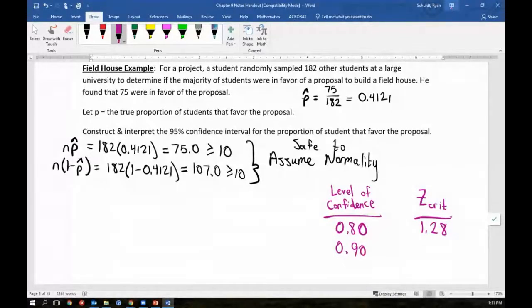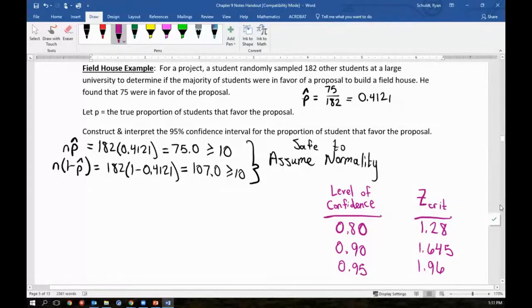For 90%, 1.645. 95%, which is the one we developed yesterday, would be a 1.96 critical value.